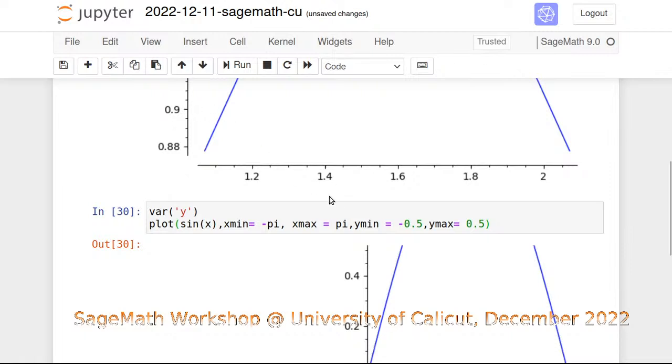Okay, so let me just copy and paste this entire thing. This is not required.